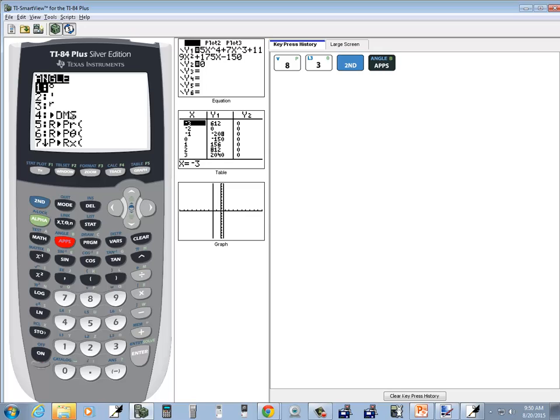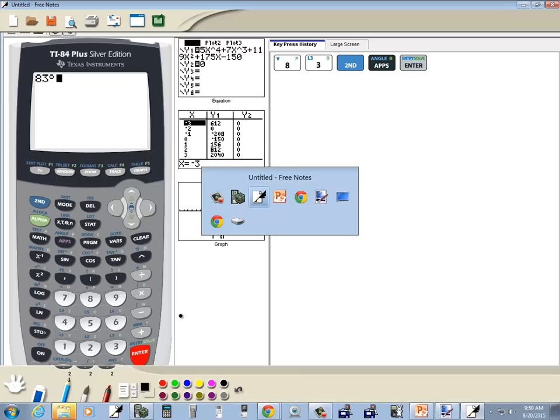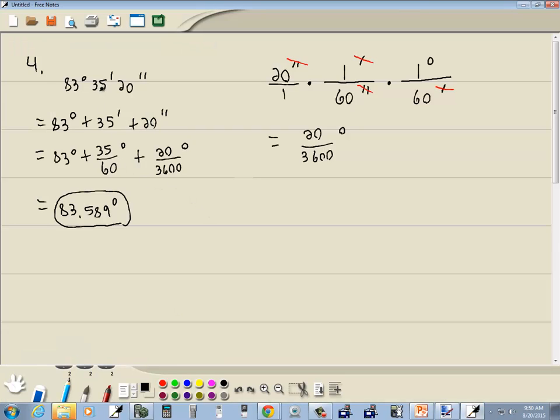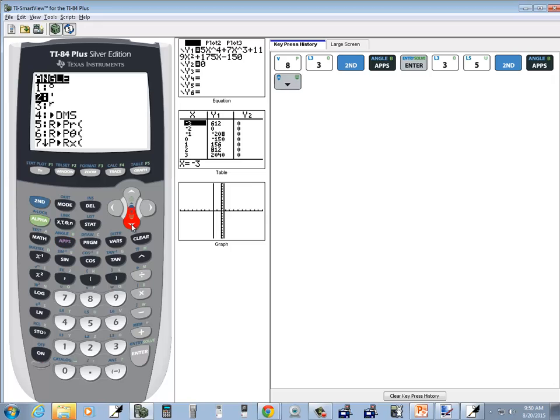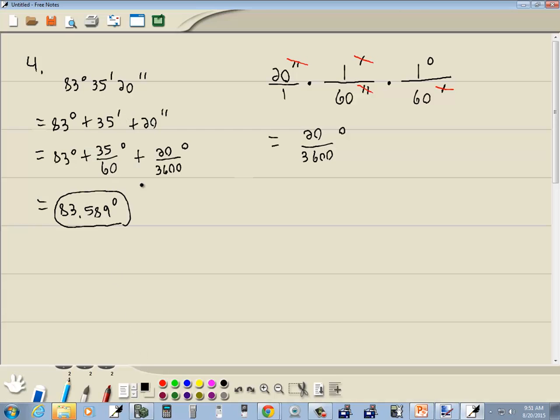And that'll take us in the angle menu. And you see we got degrees there. And then I got 35 minutes. So I'll do 35. Go back in my angle. So do second apps. And I want to down arrow to 2 and choose it. And then I got 20 seconds.